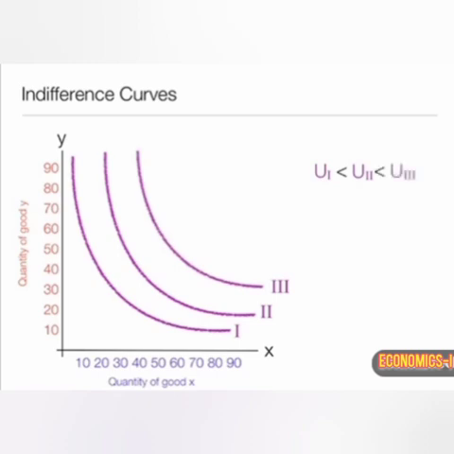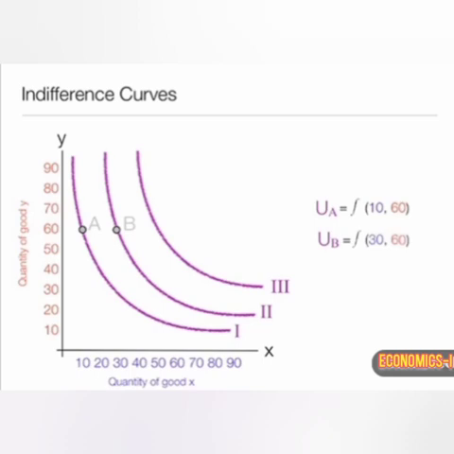Point A utility is equal to function of 10, 60 and point B utility is equal to function of 30 and 60. We conclude that point A utility is less than point B utility. In this example, the consumer consumed y is 60 at 2 points but x is 10 to 30.